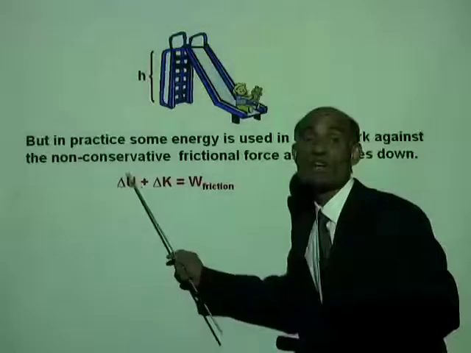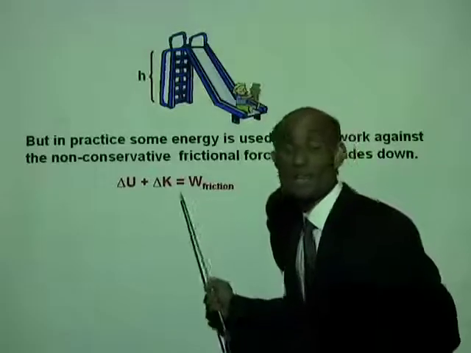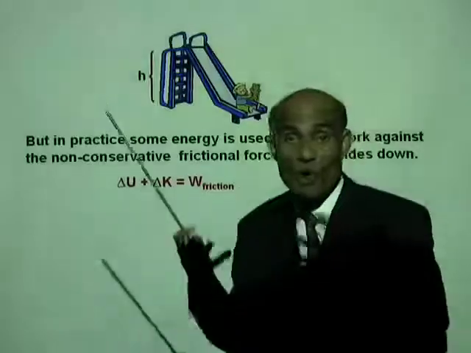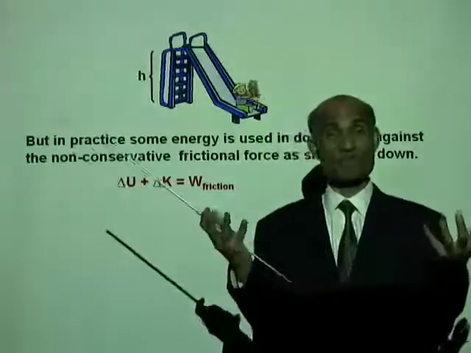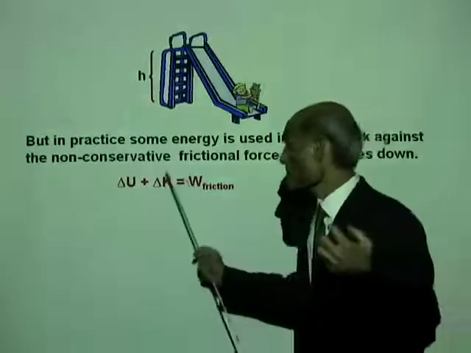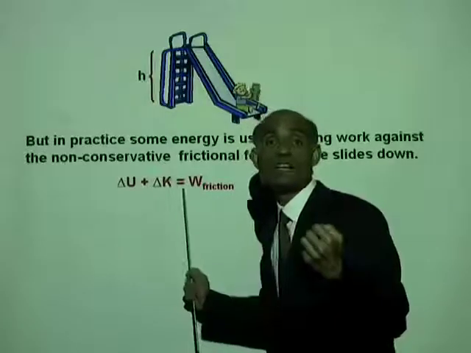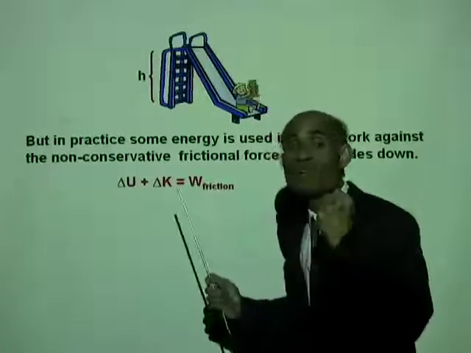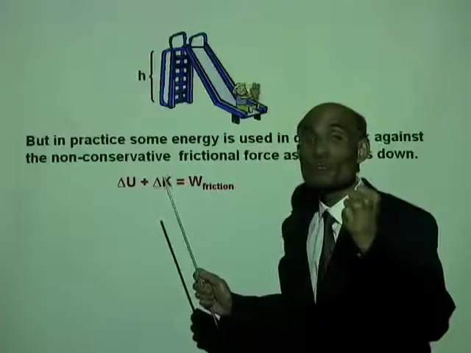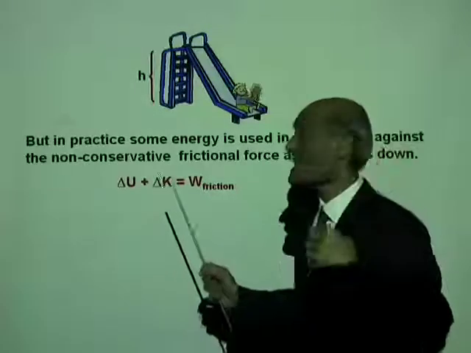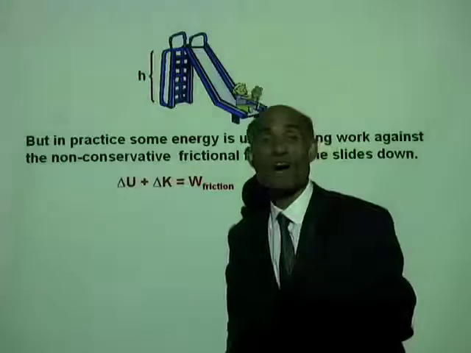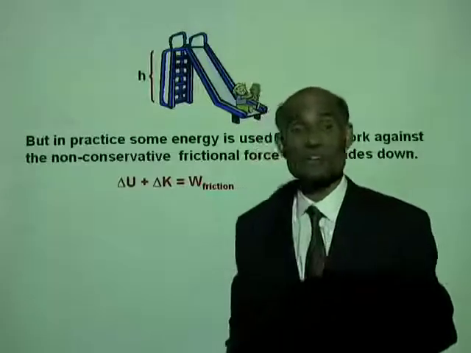That means we will now be able to amend the equation like this. For all practical purposes, we would say the net change in energy is a measure of the work done against friction.